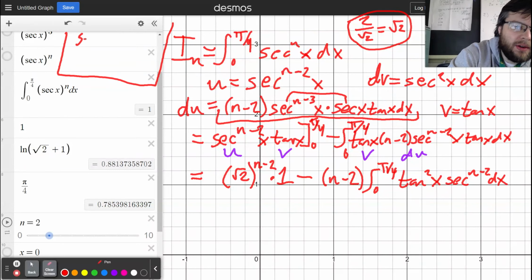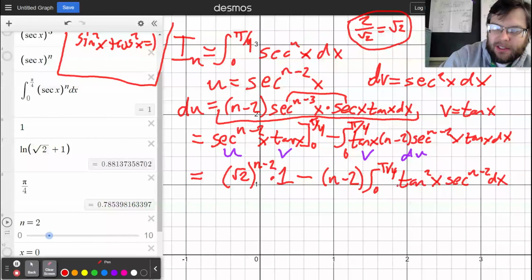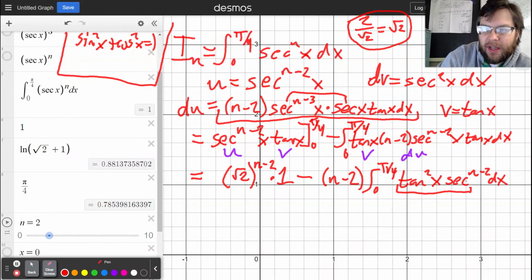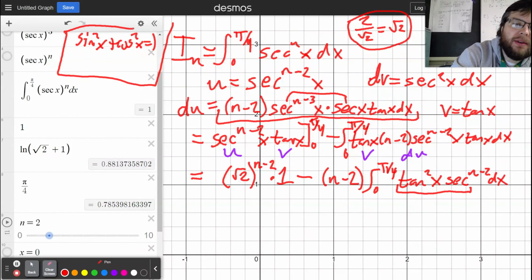We remember that sine squared x plus cosine squared x is 1, but we want something that talks about tangent and secant. Tangent and secant both have cosine in the denominator. I'm going to divide my original Pythagorean identity by cosine squared.